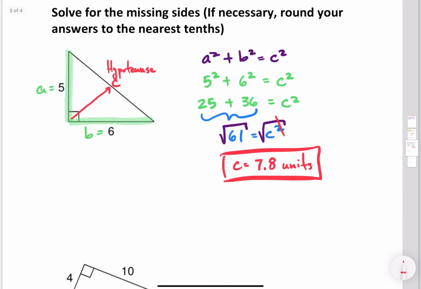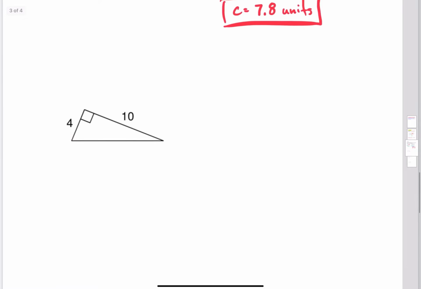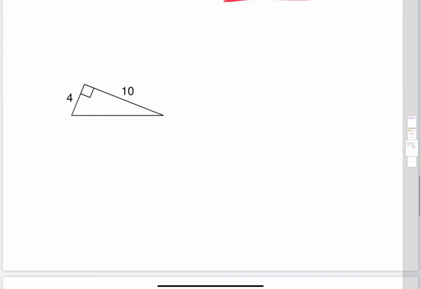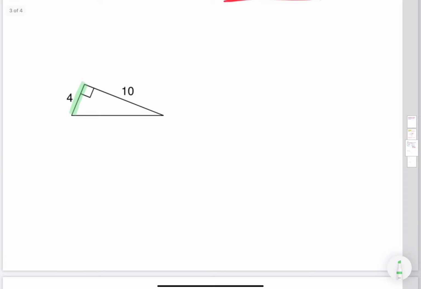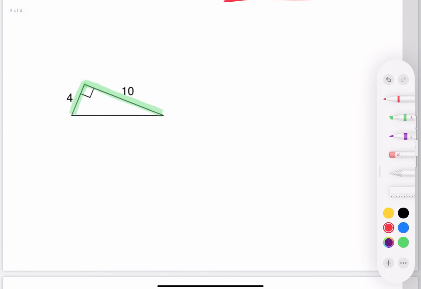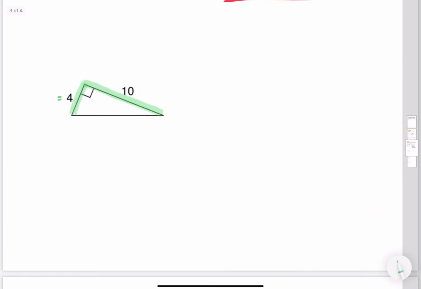All right, so let's try another one, to make sure that we understand this. Again, the first thing we want to do is identify my sides. I want to figure out what is A, what is B, and what is C. To do that, I look at my right angle and highlight the two sides that form the right angle, and that gives me my A and my B. It doesn't matter which one's which, but typically we write A as the shorter side and B as the longer one.